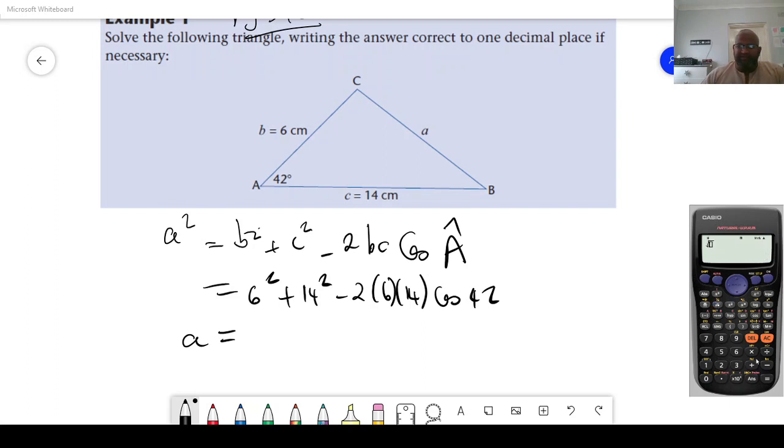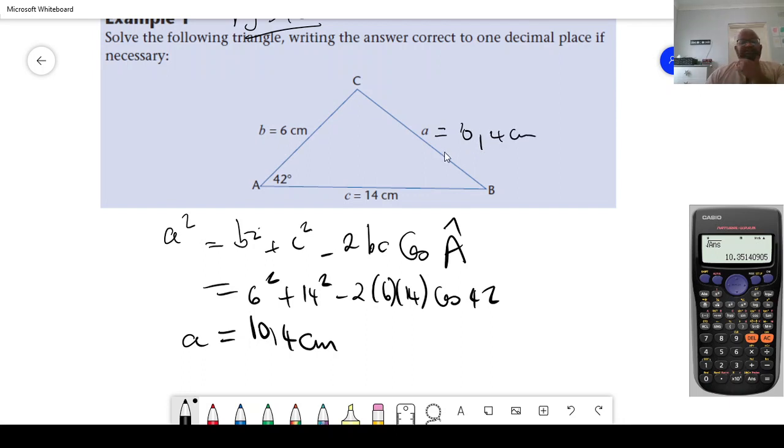That is a squared, but we must take the square root thereof. So the length of a works out to be 10.35, which is 10.4 centimeters. So I'm going to put here 10.4 centimeters.